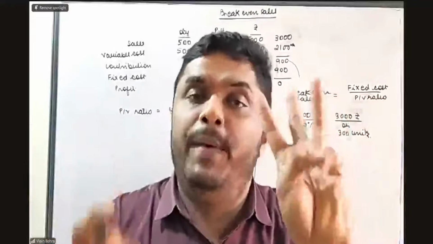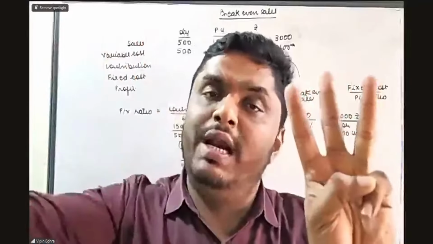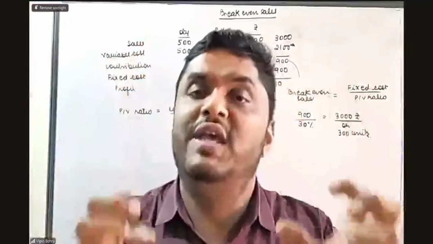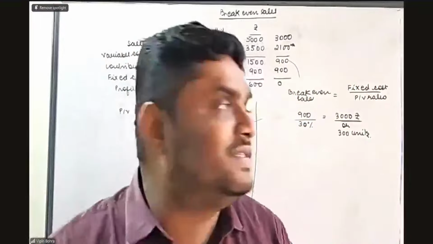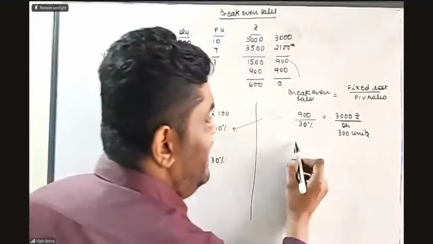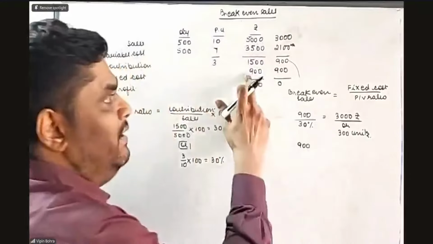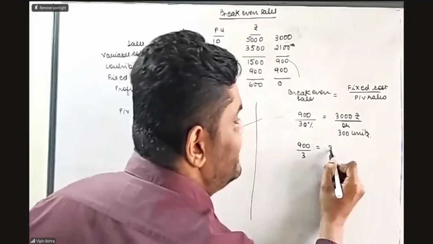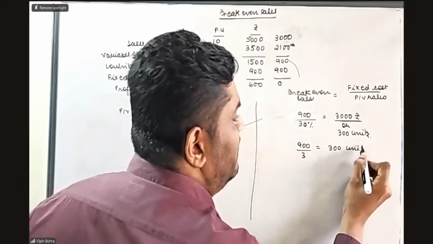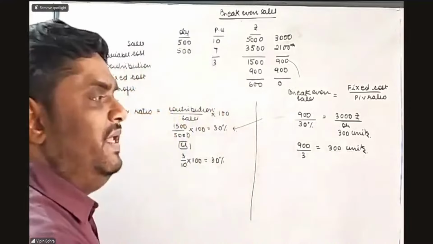Very simple. Per pen I am recovering 3. Total amount I have to recover is 900. So if I manufacture and sell 300 pens, I will be able to recover my fixed cost. So at the end of the day, how much I want to recover? 900. Per pen, how much I am recovering? Rupees 3. So we can say if I manufacture and sell 300 pens, that will be my break-even sales.